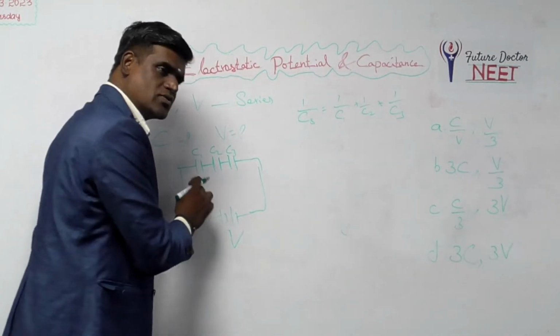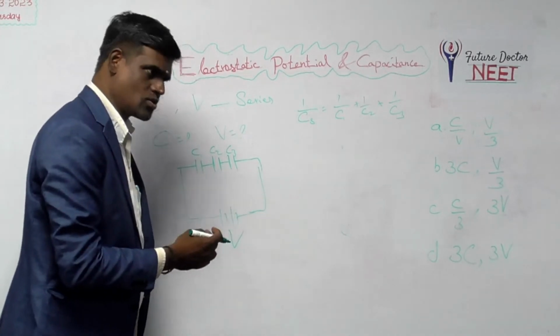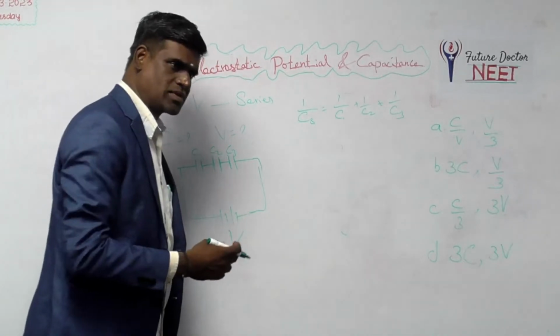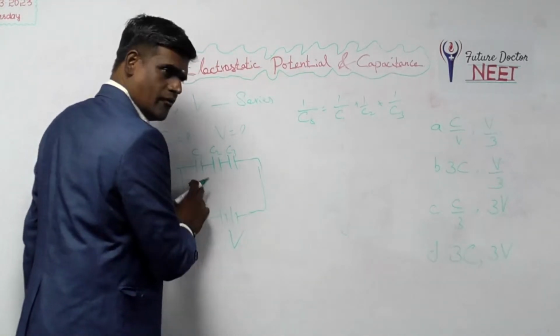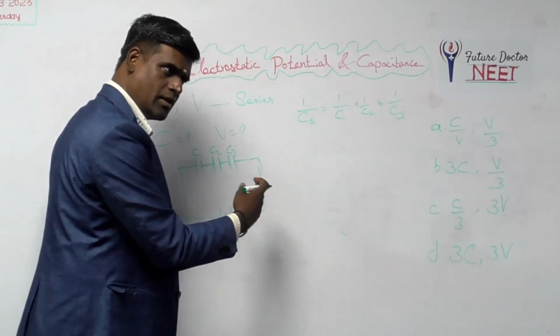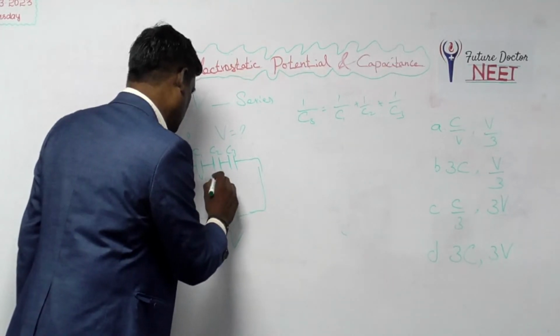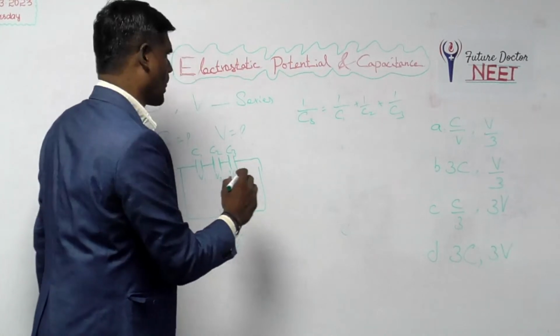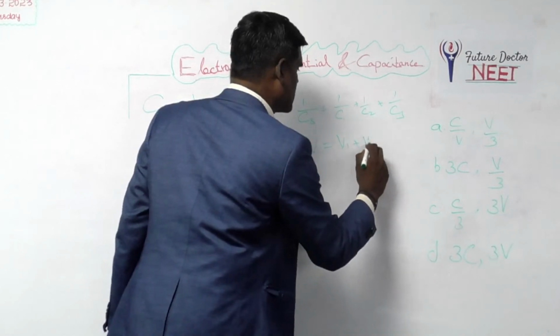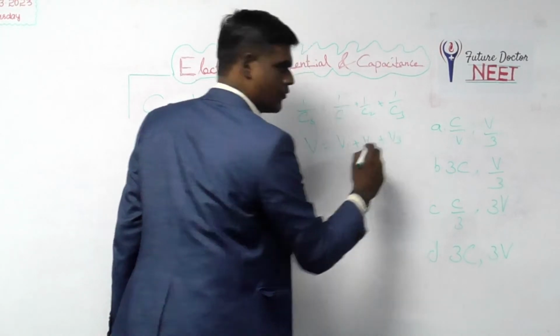V will be distributed as V1, V2, V3. In capacitance series, V will be distributed as V1, V2, V3, while the charge Q is the same. So for series the formula is V equal to V1 plus V2 plus V3.